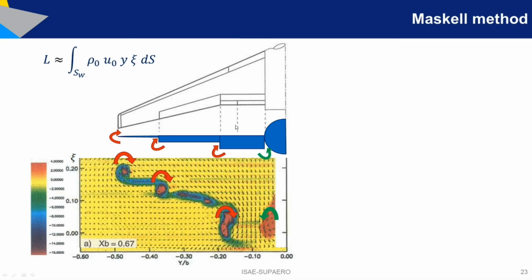So how can I use the Muscle expression to analyze this? Well, just keep in mind that a red arrow like this is rotating in this way, and this corresponds to a negative vorticity. If this green is rotating in this direction, this is a positive vorticity. And also keep in mind that this has been measured on the left-hand side of the wing, where the span-wise coordinates are negative.